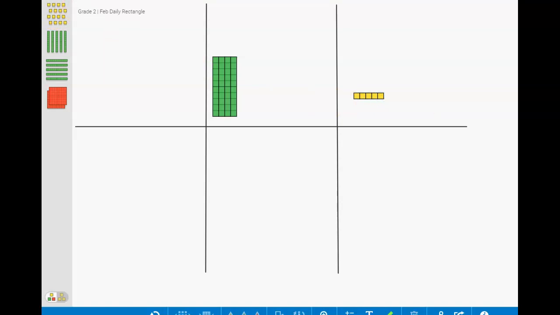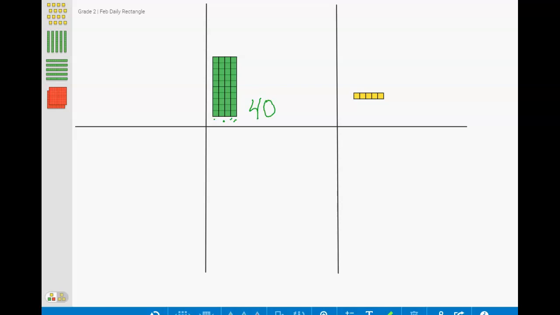How many small squares do we have in our bank? Think about how many 10 strips and how many ones we have. Now if I'm counting my strips, I know I have 1, 2, 3, 4 strips of 10. Well, that tells me that I have 40 pieces over here.